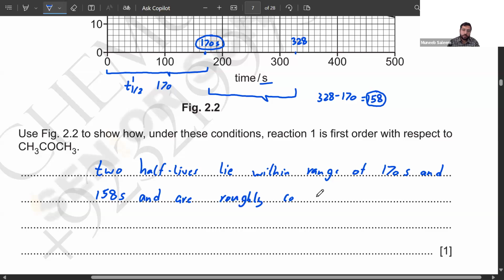These values are considered to be roughly constant because there is no such large difference. So two half-lives are basically the same.